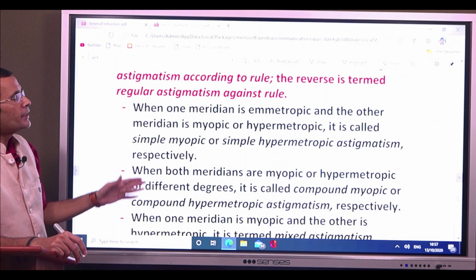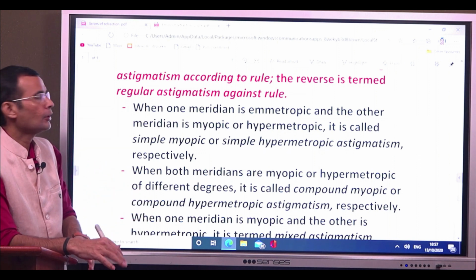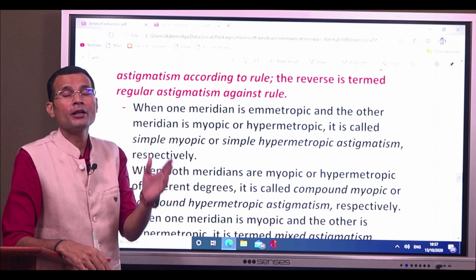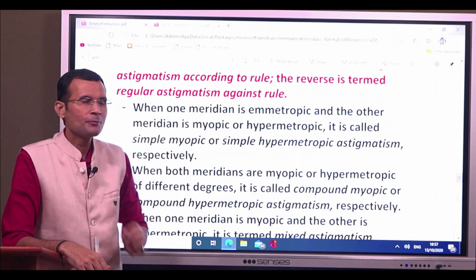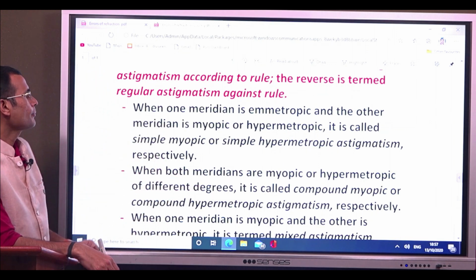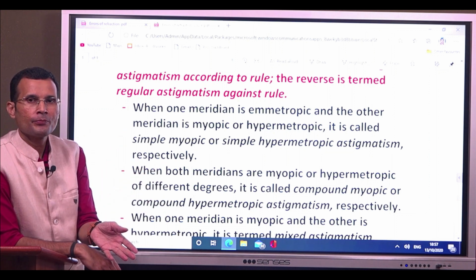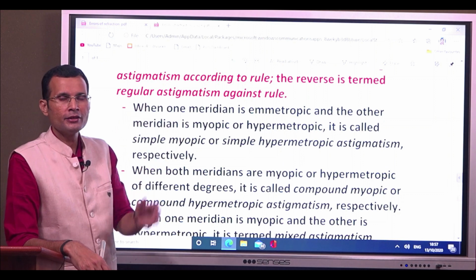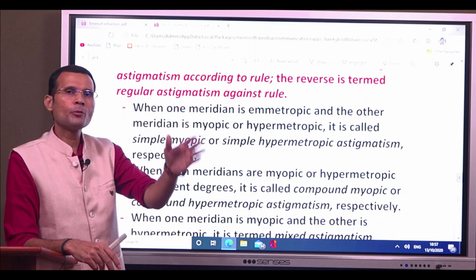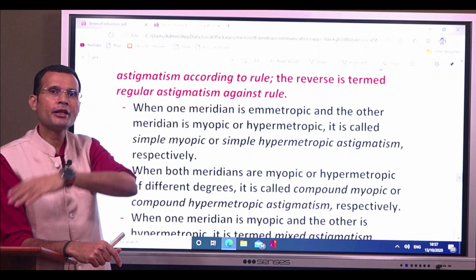When one meridian is ametropic, means with normal error of refraction, with normal refraction. When one meridian is with normal refraction and the other meridian is myopic or hypermetropic. Yes, this can happen. There are two meridians. One is having a normal refraction, so it's going to focus the light ray on the retina.